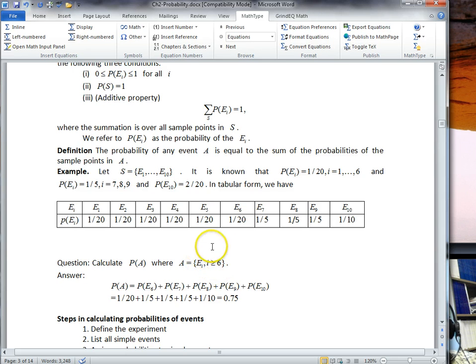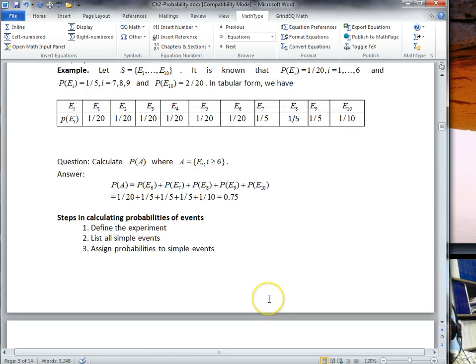So the elementary events in A are E6, E7, E8, E9, E10. And so to get P of A, we just add their probabilities. P of A equals P of E6, E7, E8, E9, E10. We add their probabilities from here that we were given, and we get 0.75.